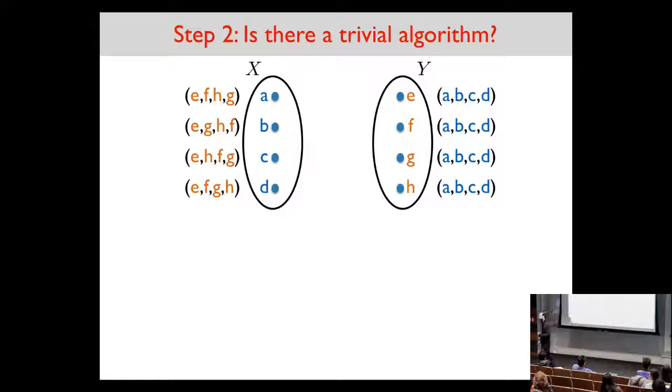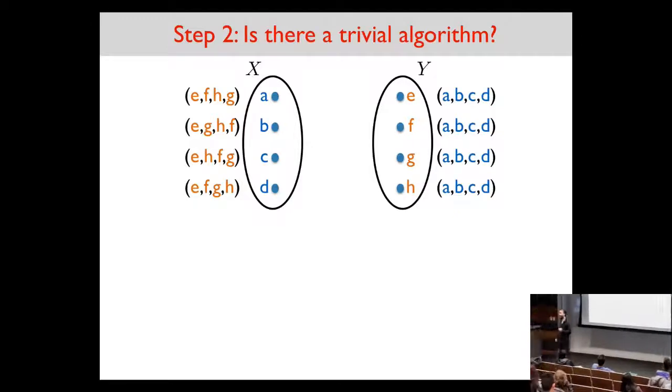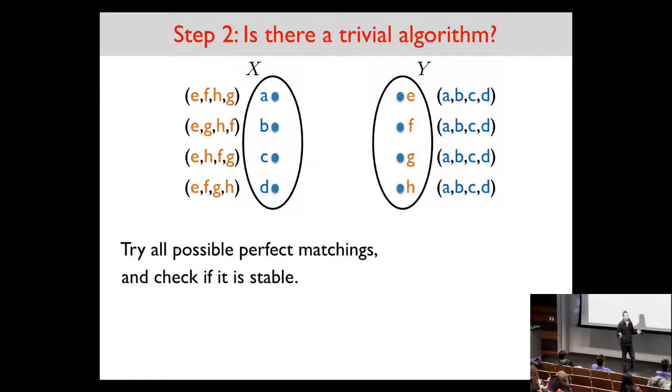Try all perfect matchings and then check to find one that's stable. Exactly. You try all perfect matchings, and then you check if that perfect matching is stable or not. If you find a stable perfect matching, you're done. And that's exactly what's written here.